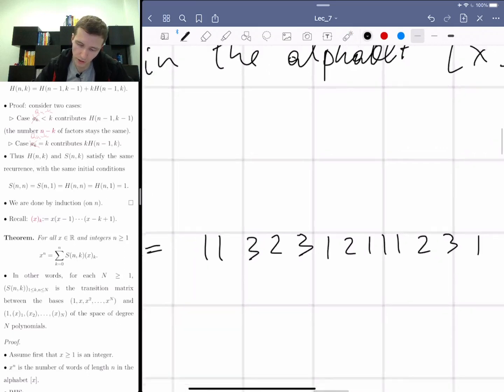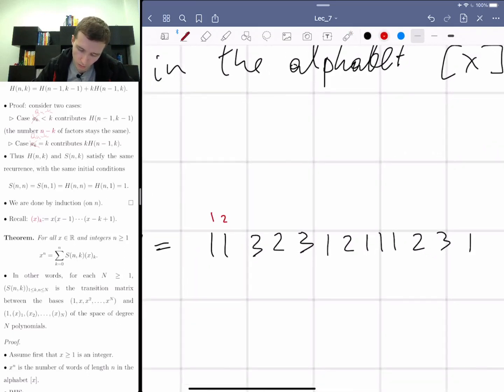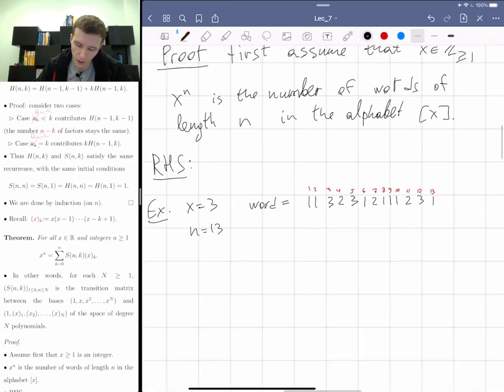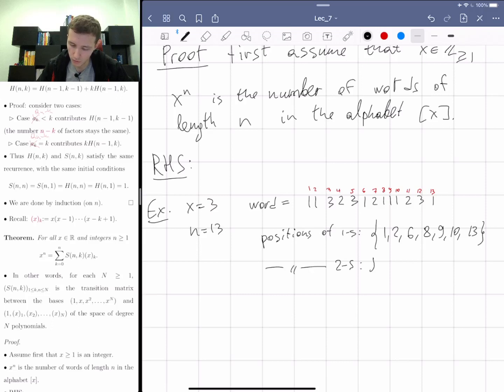Positions of 1s are the set 1, 2, 6, 8, 9, 10, 13. Positions of 2s are 4, 7, 11. And positions of 3s are 3, 5, 12.